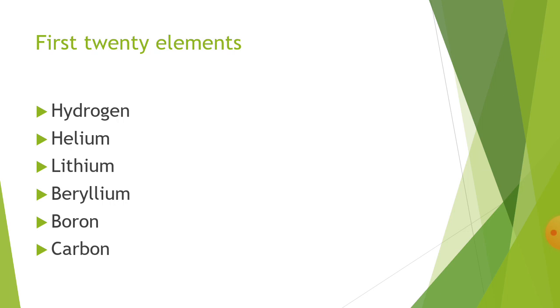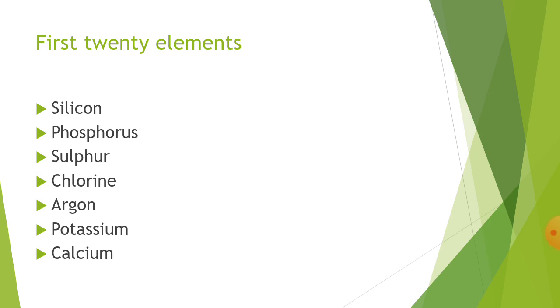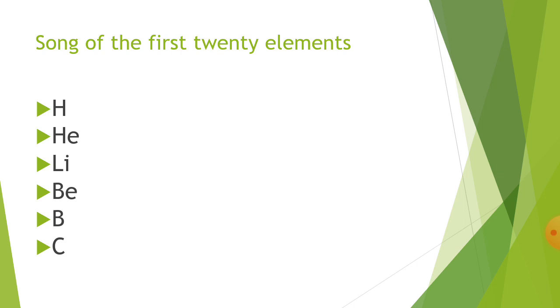We have hydrogen, helium, lithium, beryllium, boron, carbon, nitrogen, oxygen, fluorine, neon, sodium, magnesium, aluminium, silicon, phosphorus, sulfur, chlorine, argon, potassium, and calcium. So this is a list of the first 20 elements, and we'll be learning this with a song.